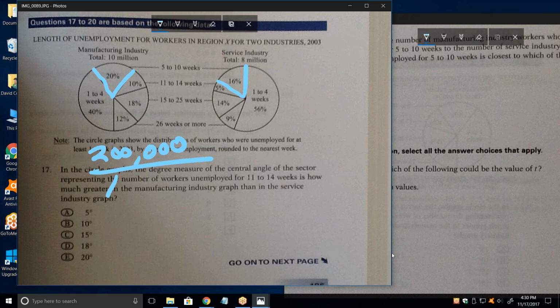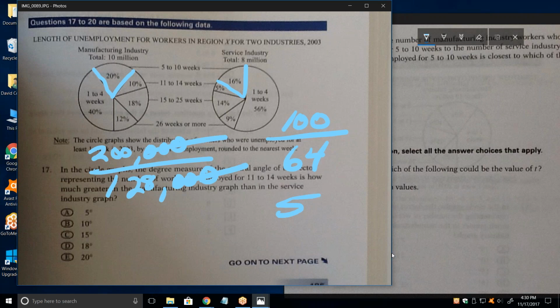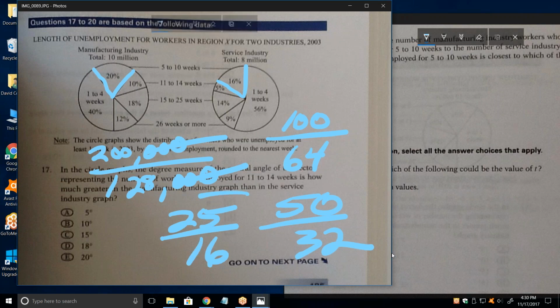8 times 16 is 128,000. So there's the ratio we're dealing with. 200 over 128. That is 100 over 64, which is 50 over 32, which is 25 over 16.